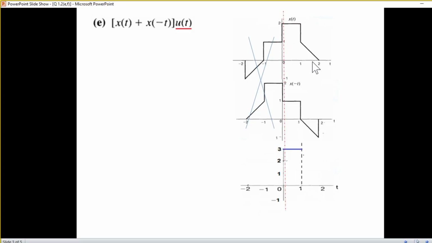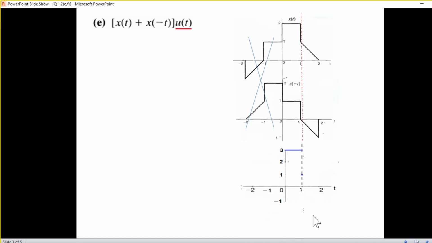Now, let's move further. We move again to slightly ahead of the next change. You can see this point is 1 and this point is 0, so 1 plus 0 will be 1.